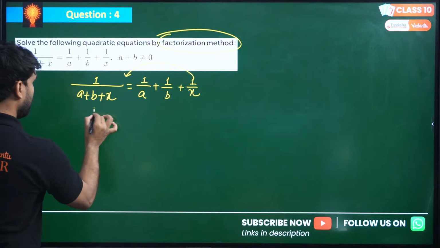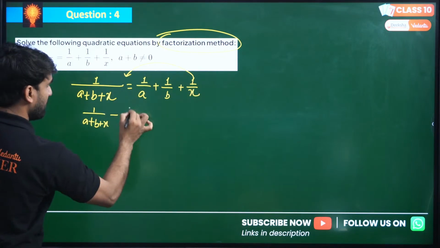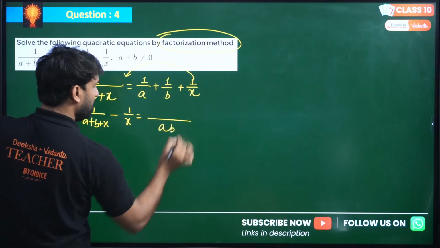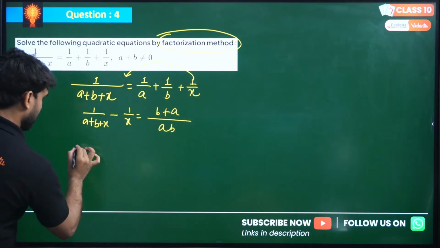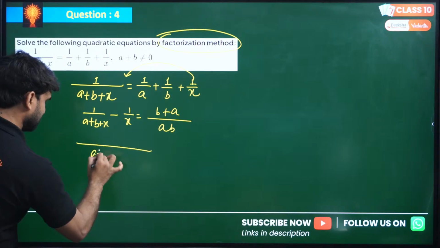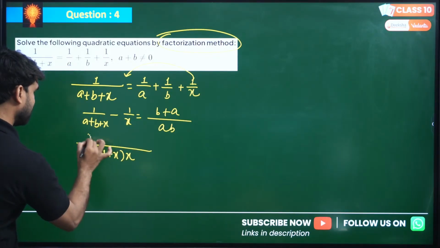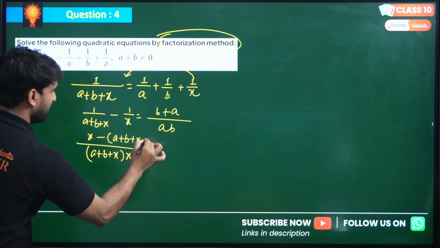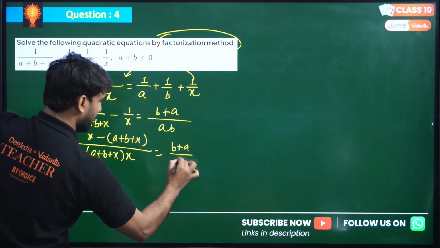So 1 by a plus b plus x minus 1 by x, and on the other side, taking LCM, b plus a divided by ab. Now taking LCM of the left side, a plus b plus x into x minus a plus b plus x, which will be equal to b plus a divided by ab.